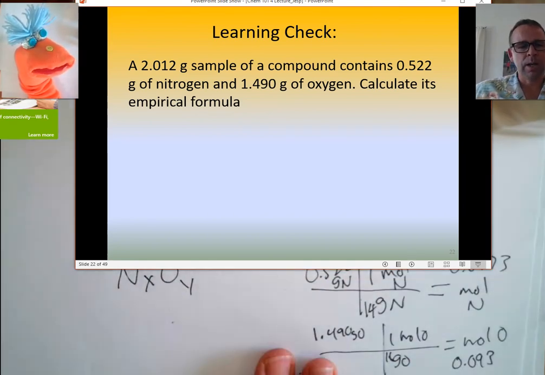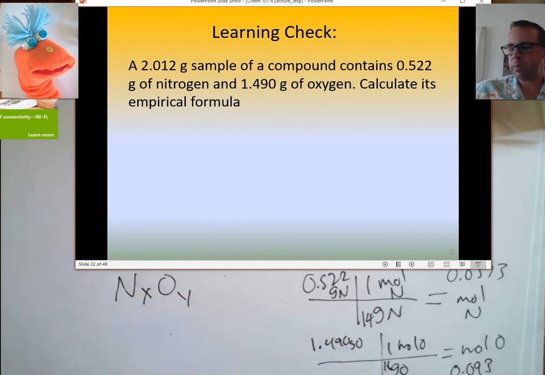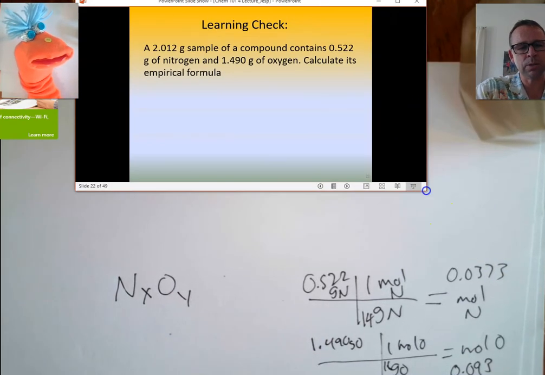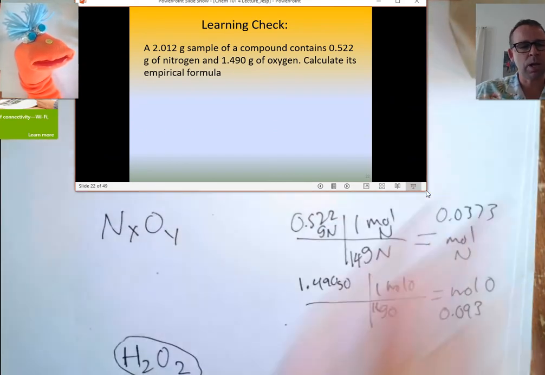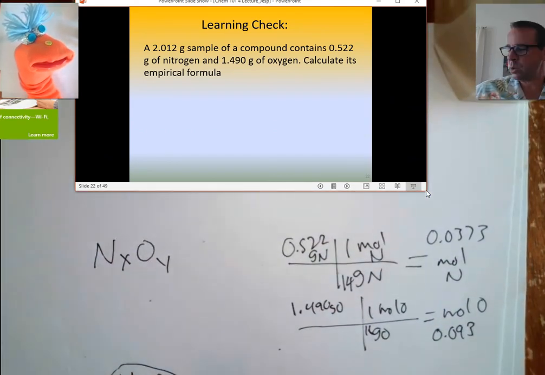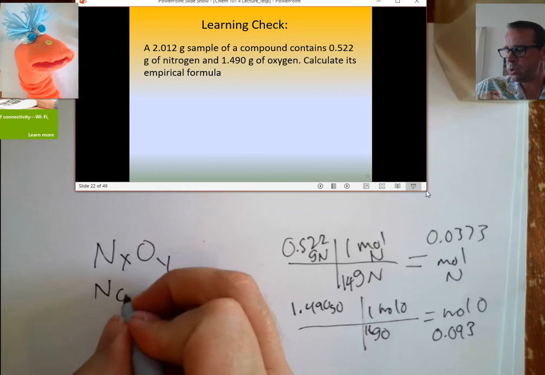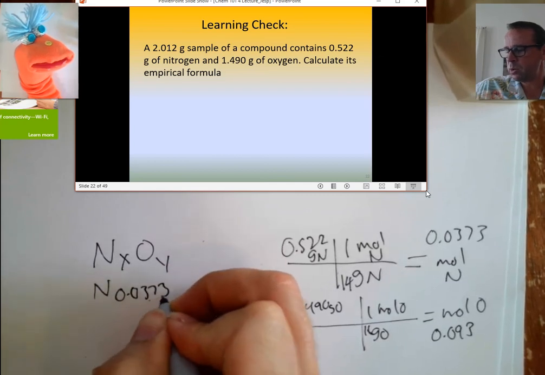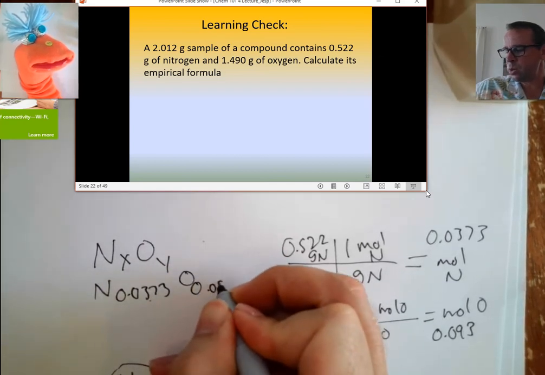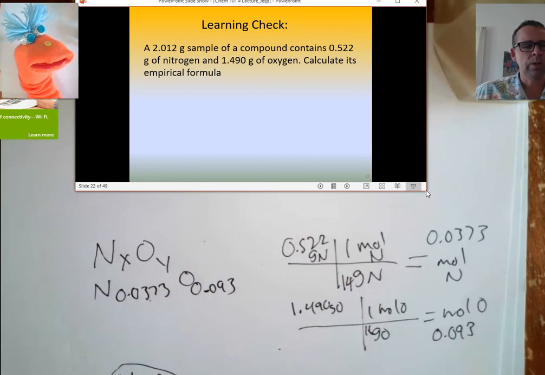Okay. Now I have my information that I need, my moles of my different materials, nitrogen and oxygen, right? And I just need to use those values, N 0.0373 and O 0.093. Right?